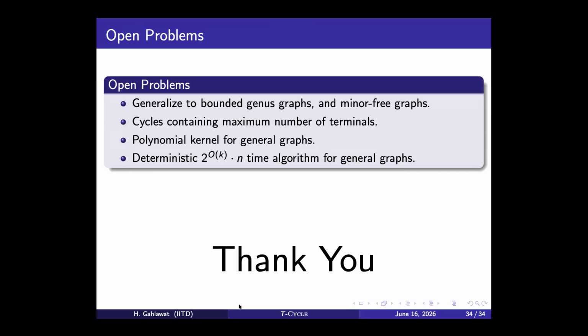You can go to an instance where your tree width is linear in k or polynomial in k. Now, if you get a polynomial kernel with respect to only tree width, you get a polynomial kernel with respect to k. So even k plus tree width would be very interesting. People will be very happy, because k plus tree width will also give you a polynomial kernel for only k.